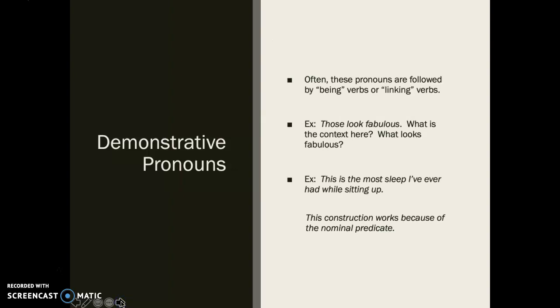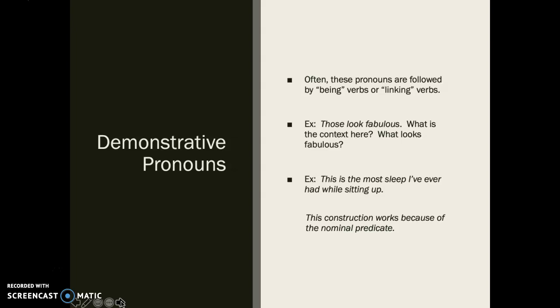So here are some rules or some things to think about when we think about demonstrative pronouns. Oftentimes they're followed by linking verbs or being verbs, am, is, are, was, or were. And if that's the case, you oftentimes need a referent. So those look fabulous. Well, what looks fabulous? I don't know.